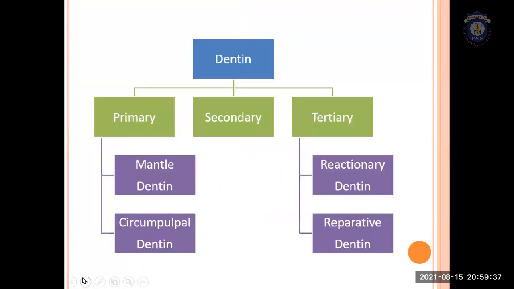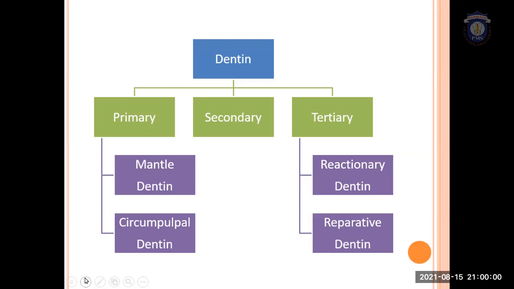Dentine can be broadly classified into three: primary dentine, secondary dentine, and tertiary dentine. Primary dentine can again be subclassified into mantle dentine and circumpulpal dentine. Tertiary dentine is subclassified as reactionary dentine and reparative dentine.